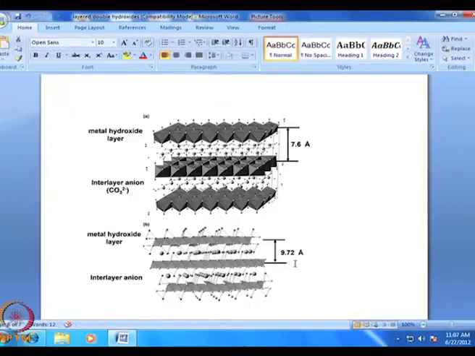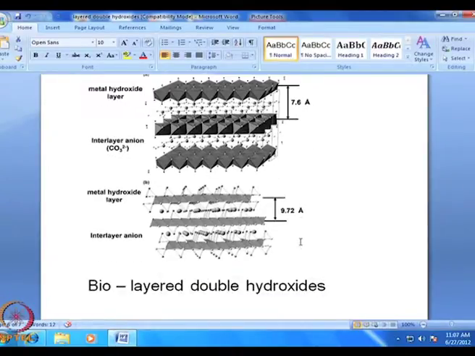Here it is 9.7 angstrom, here I had a smaller interlayer anion, here the distance is only 7.6 angstrom. These are basically the ones that we are targeting for biomaterials application.